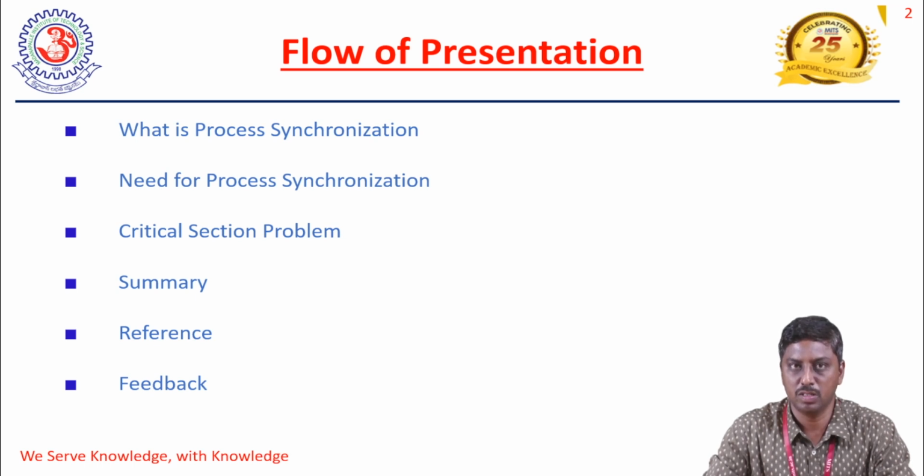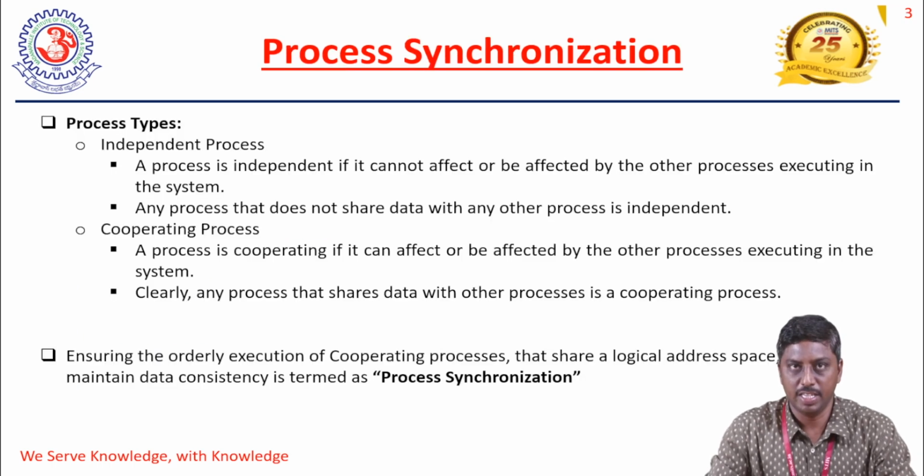Okay. So now first we'll define what we mean by process synchronization. As we know, we have two types of processes, namely independent process and cooperating process. A process is independent if it cannot affect or be affected by other processes executing in the system.